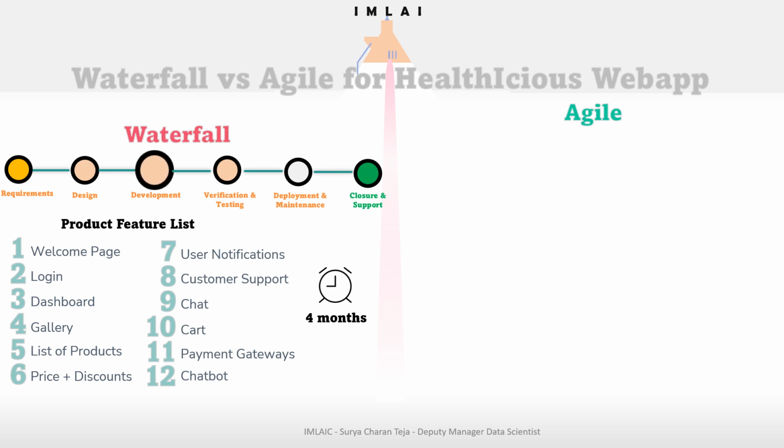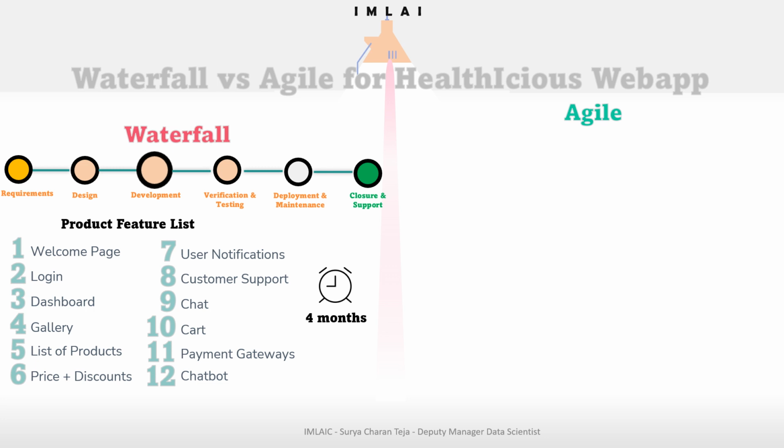Only the development phase takes 4 months, because we are going to work in a sequential way, in a waterfall way, from welcome page, login page, dashboard, gallery, and everything. Once we build everything, then we will go for testing. Now what happens in testing?